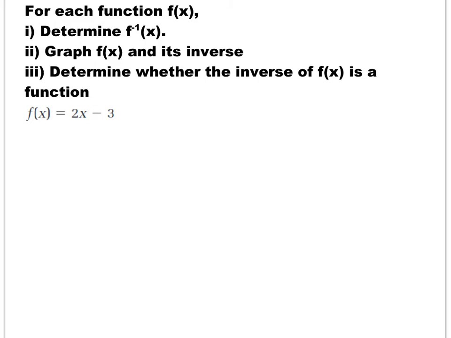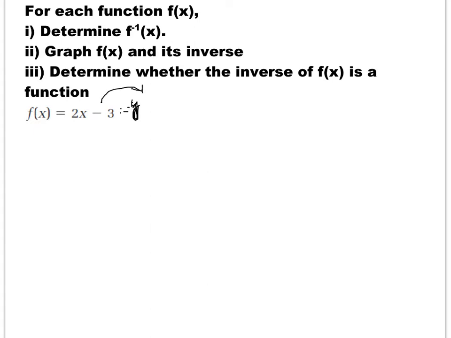What you get is f of minus 1. What exactly it means is the following. F of x is 2x minus 3. I'm going to write this one as y. So I'm going to say y is equal to 2x minus 3. Now I'm going to isolate this one for x. So I'm going to move negative 3 to the right.